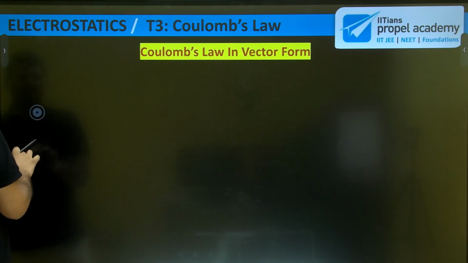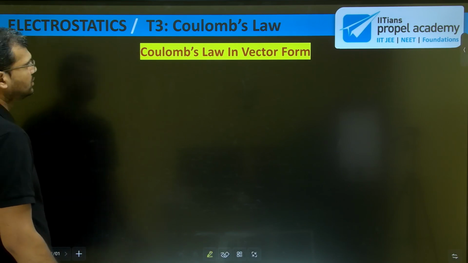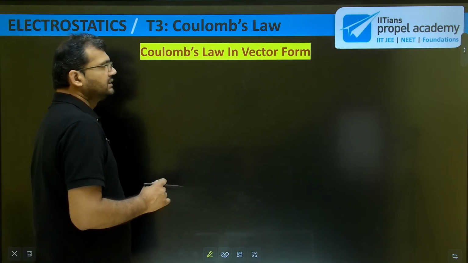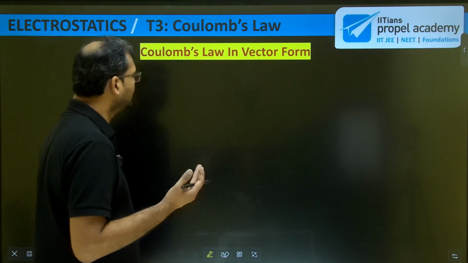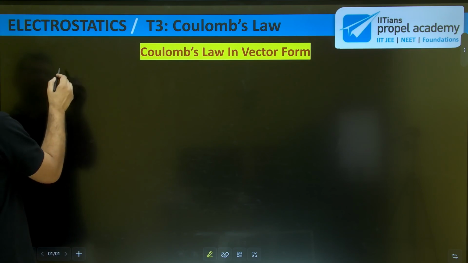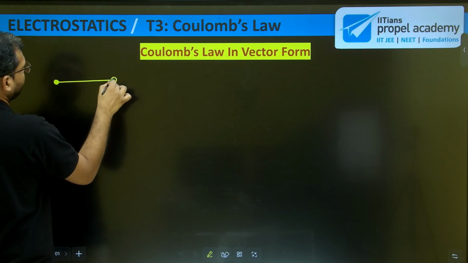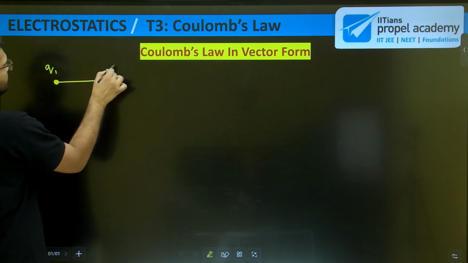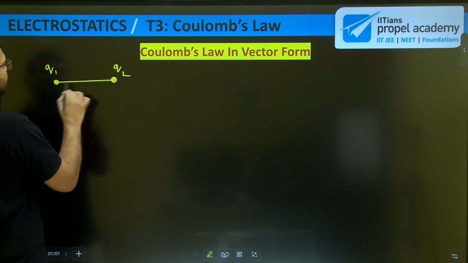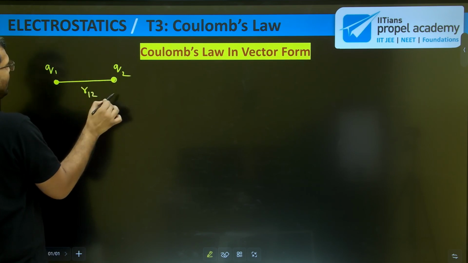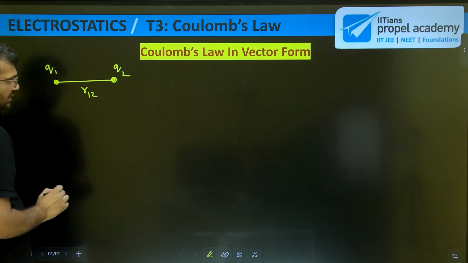So in vector form, let's see how Coulomb's law looks, because force is a vector. If two charges are on a line, let's say I have Q1, charge 1, and charge 2, the distance between them is, let's say, R12.